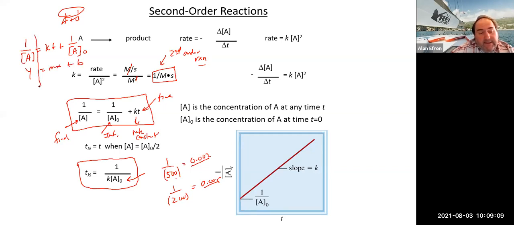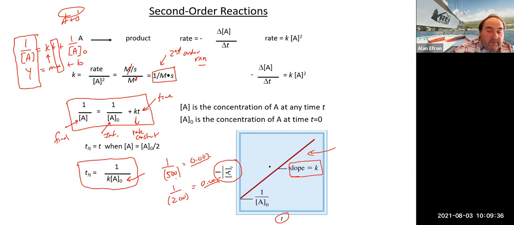The typical graph that we do for a second order has 1 over the concentration on the y, and on the x is still time. This will yield a straight line. The difference between this graph and the previous graph is that this straight line has a positive slope, which means that the slope will equal k. No negative in this case because it's a positive slope.